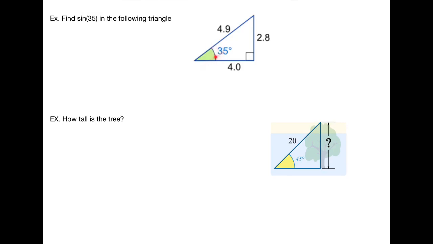So what do we know about the sine ratio? It is defined to be opposite divided by hypotenuse, right? The opposite to this angle is this one, adjacent is this one, and hypotenuse is the longest side, which is always opposite to the 90-degree angle. So let's write down the ratio for sine.